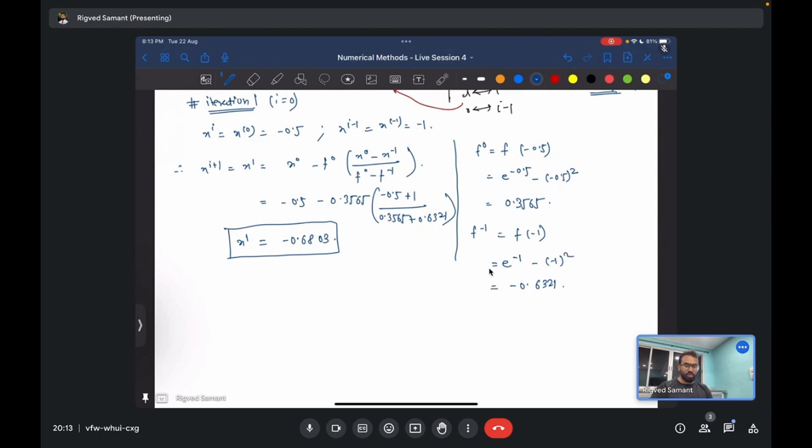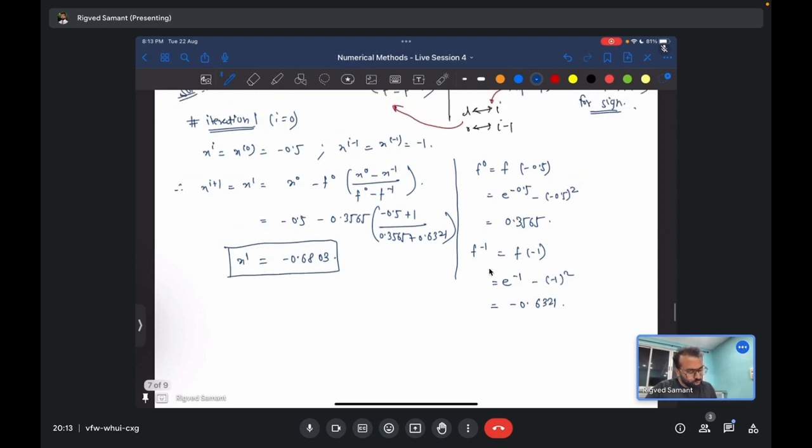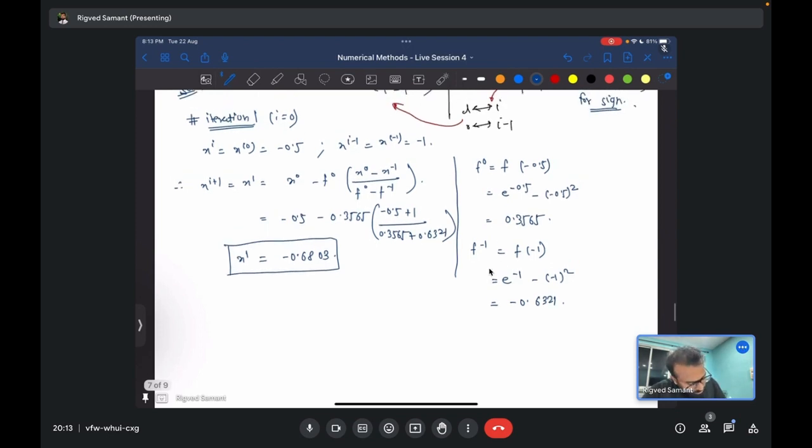So now for the next iteration, what will you do? For the next iteration, you are not checking any values. What you will do is, this was i minus 1, this was i, and this was i plus 1, right? Now for the next iteration, this will be your i minus 1, this will be your i.